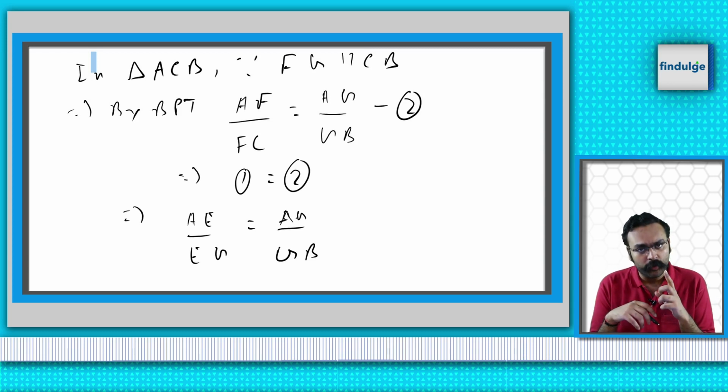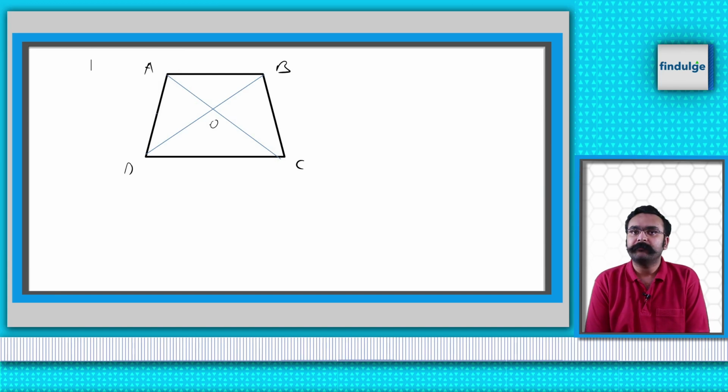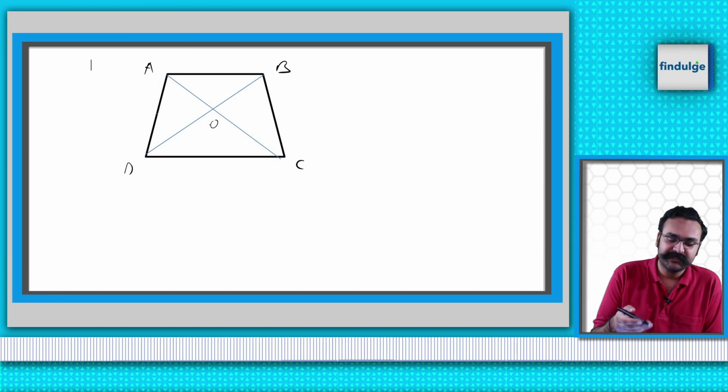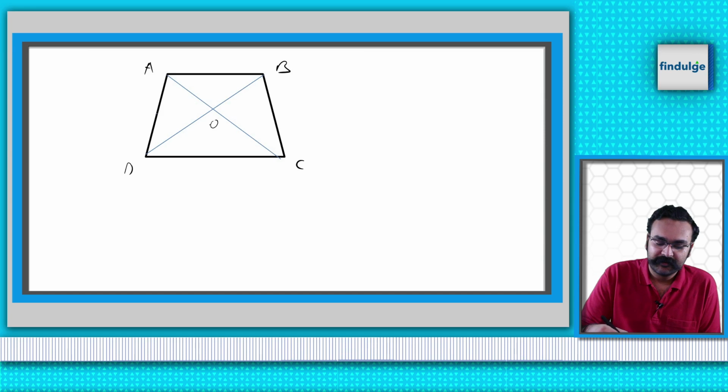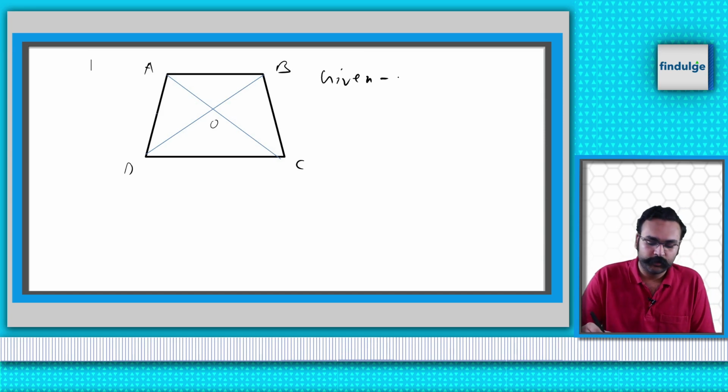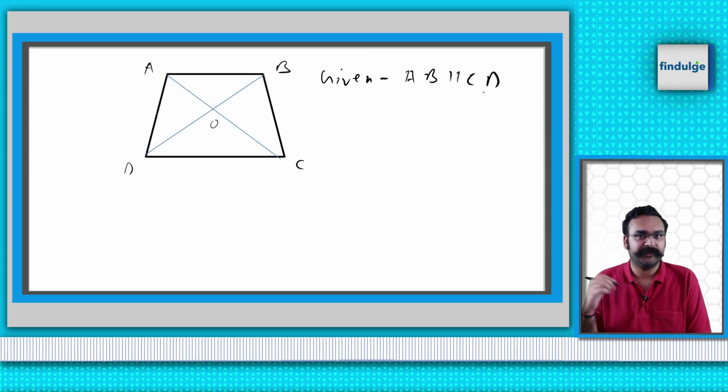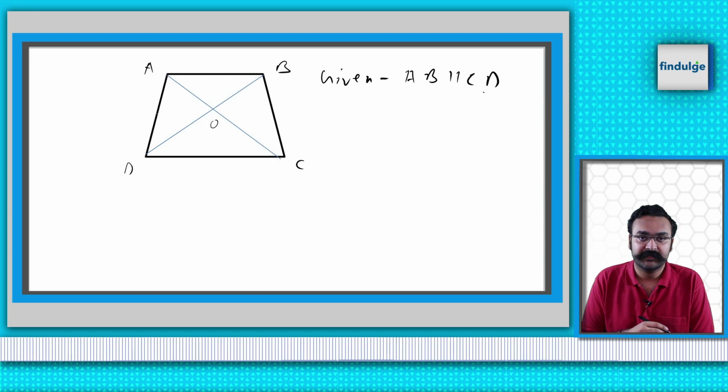Let's look at one more, a reasonably challenging type question, and then move on to similarity. In this question, we have been told that we have a trapezium ABCD such that AB is parallel to CD, as we can see here.